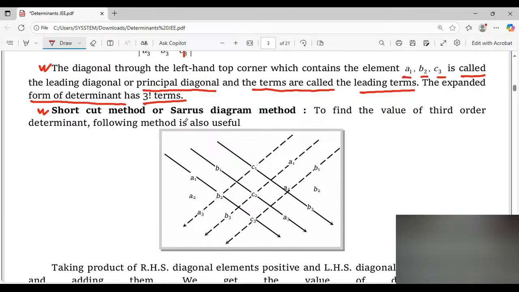Shortcut method, or Sarrus's diagram method. To find the value of a third order determinant, the following method is also useful.